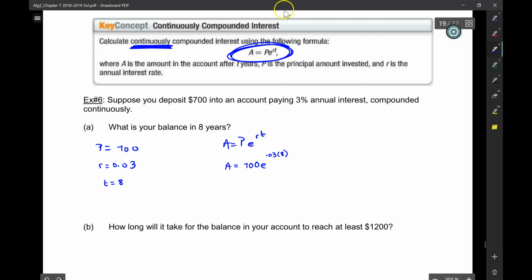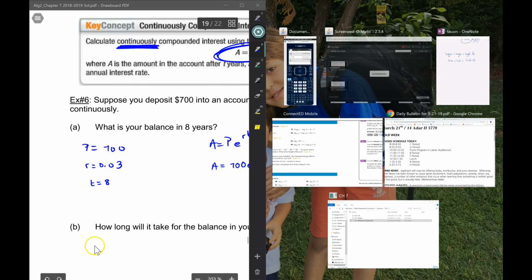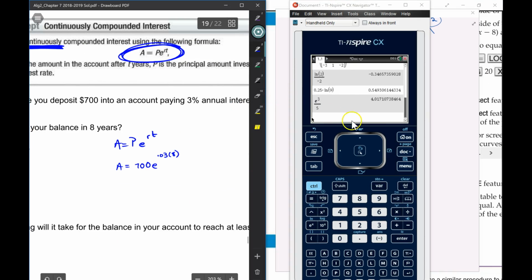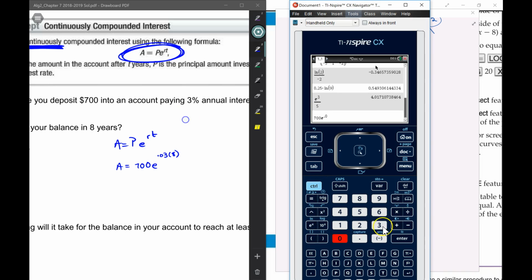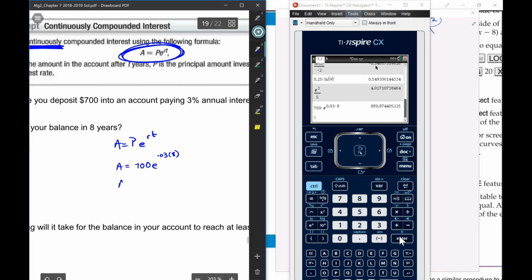And that's how you're going to plug it into your calculator, the same exact strokes. So it's going to be 700 e to the power of 0.03 times 8. 889.87. Remember, this is dollars, so it's got to be rounded to the proper place.